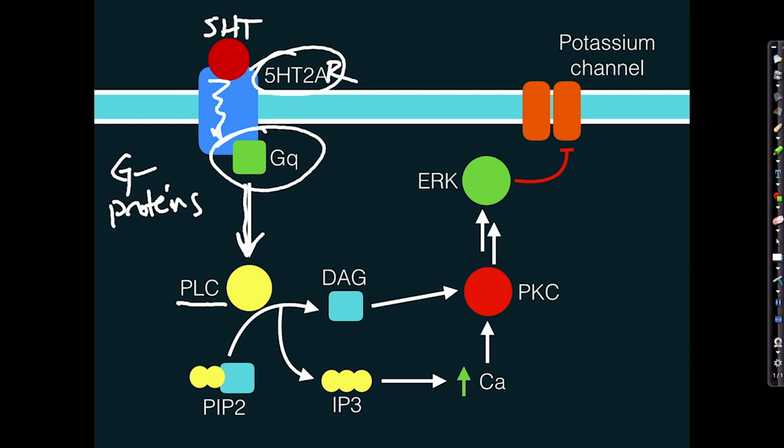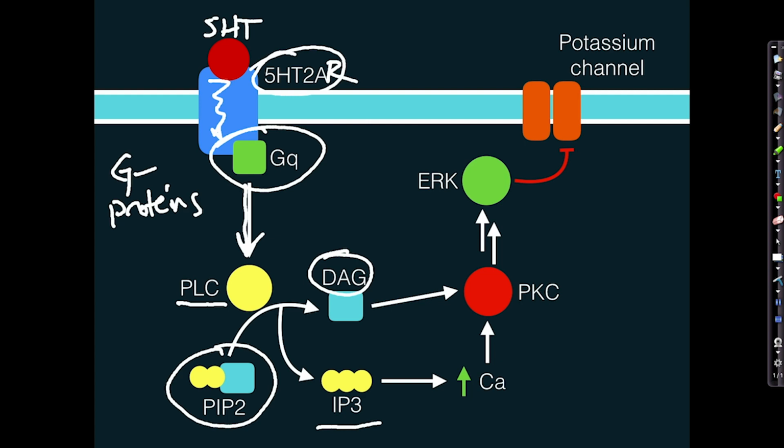Now, phospholipase C, or PLC, is an enzyme that breaks down this molecule called PIP2. So PIP2 is the substrate for phospholipase C, and basically phospholipase C splits PIP2 into two smaller molecules. One is called DAG, which stands for diacylglycerol, and the other is called IP3. Again, names aren't important here, but you've got two molecules.